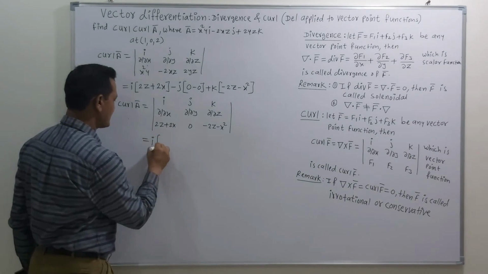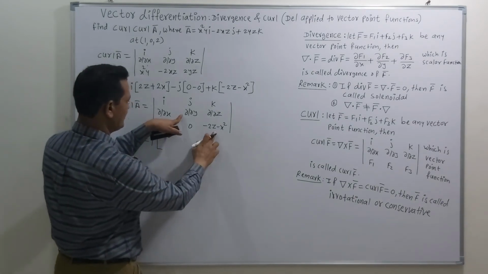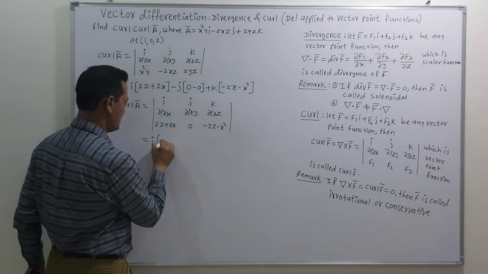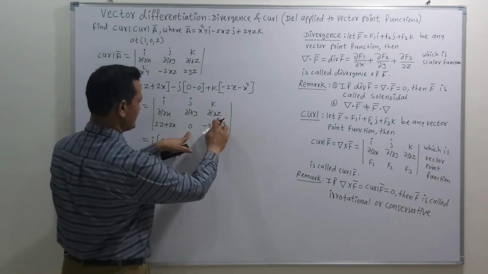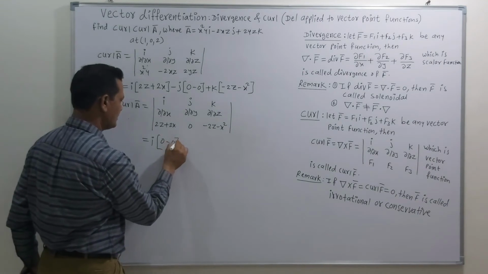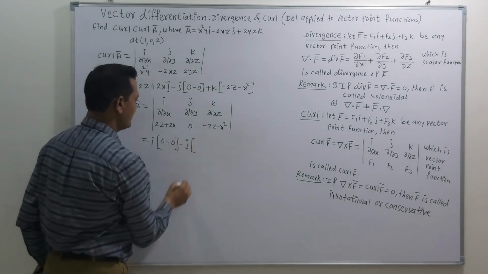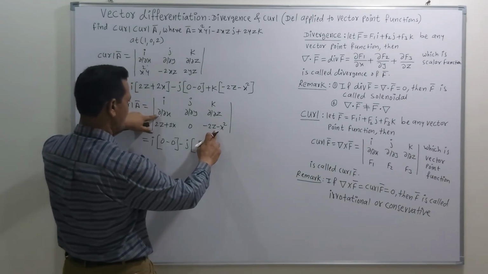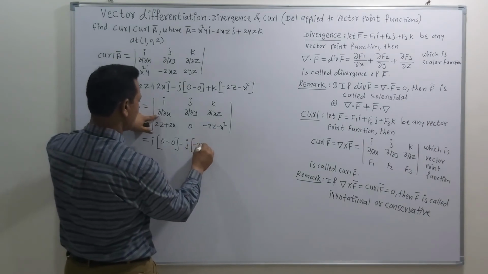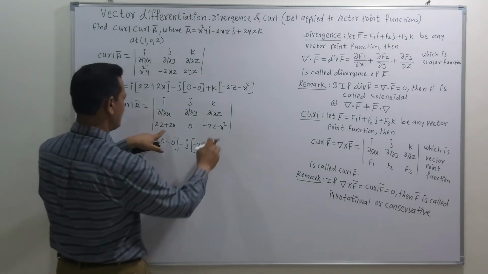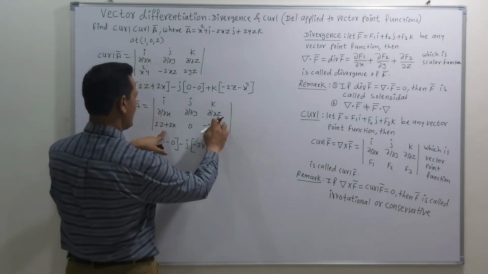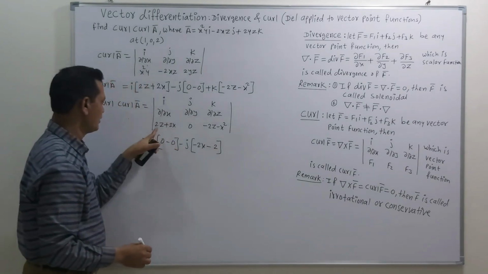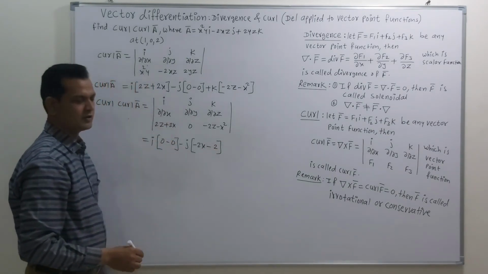So we write i, then the derivative of this term with respect to y, which is 0 because the y term is absent, minus the derivative of this function with respect to z, which is 0. Minus j, again the derivative of this function with respect to x gives minus 2x, minus the derivative of this function with respect to z, which gives 2, minus 2, because the derivative with respect to z is 2, so this is constant.